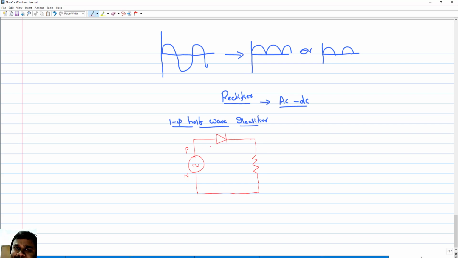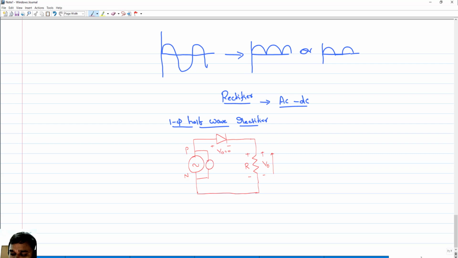For now let us assume that the voltage drop across the diode is approximately equal to 0, though in simulation we can even consider it. This is the load resistance R, and the voltage drop across it is V naught, with the arrow direction like this. Now let us see how this operates.